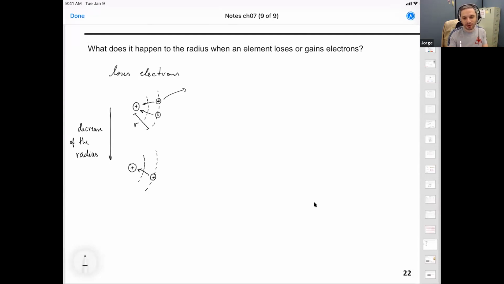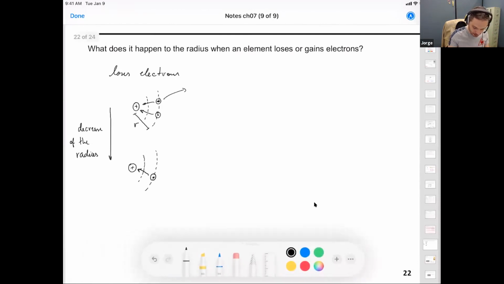So if one or two friends leave the party, now you have fewer friends and you can concentrate your attention better on the amount of friends left. That's the same idea with the radius. Decreasing the number of electrons will result in a stronger pull towards the nucleus, reflecting a decrease of the radius.